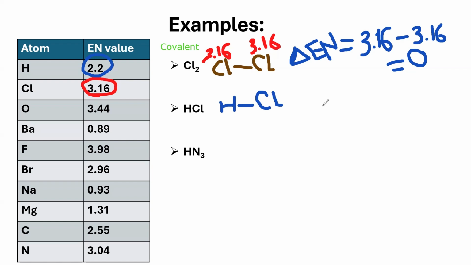So the electronegativity difference is subtracting 2.2 from 3.16, which will be around 0.9. And 0.9 is between 0.5 and 1.7. So this is a polar covalent bond.